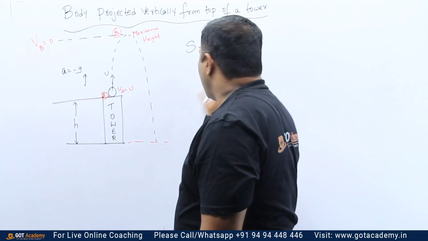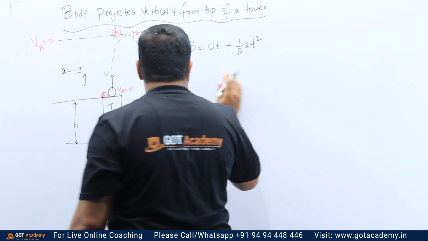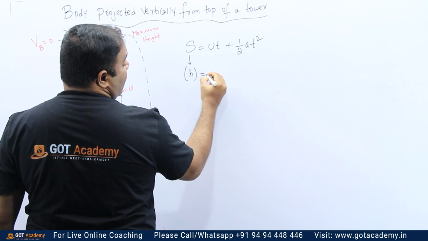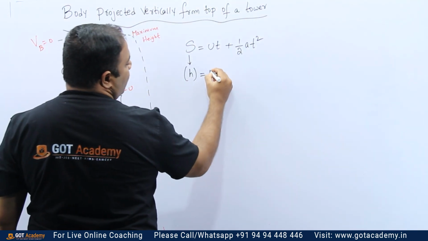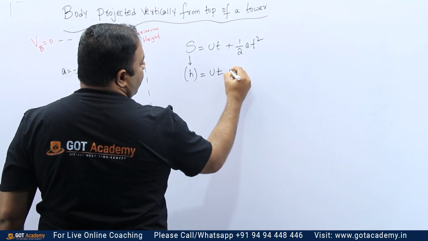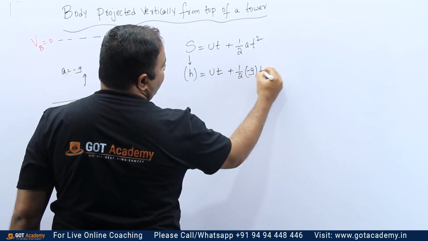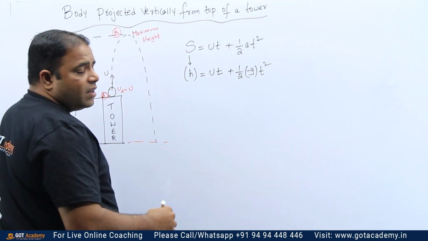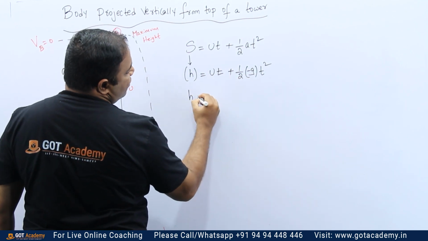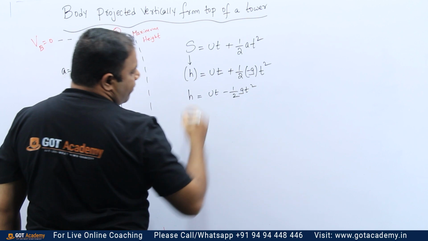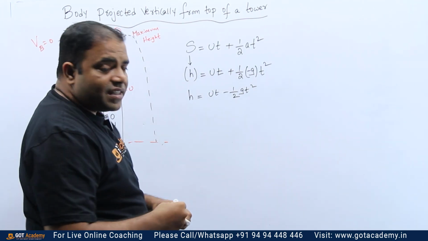Let me substitute here. The distance s is nothing but the height of the tower, so h = ut + (1/2)(−g)t². The minus comes here, so h = ut − (1/2)gt². Like this we will write, my dear children.